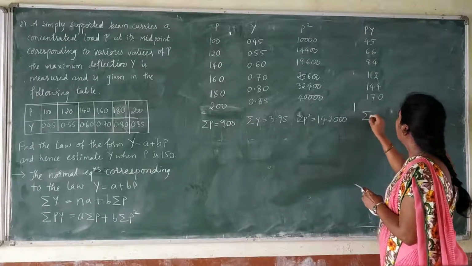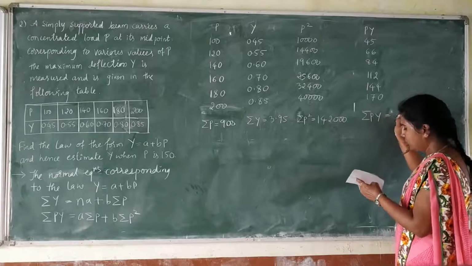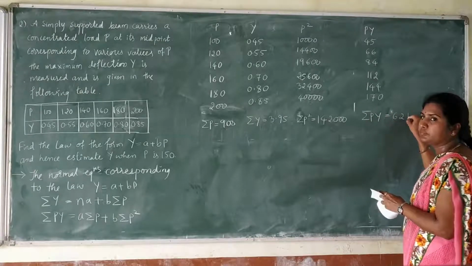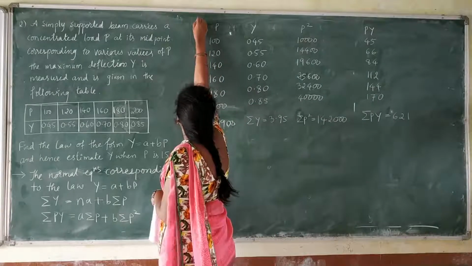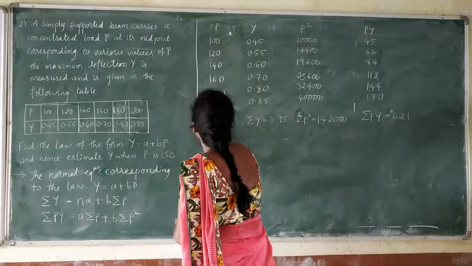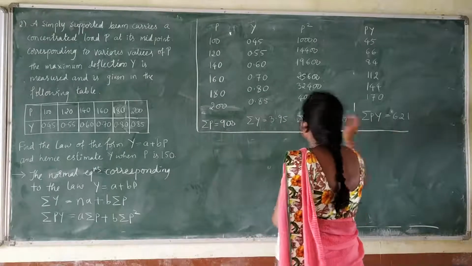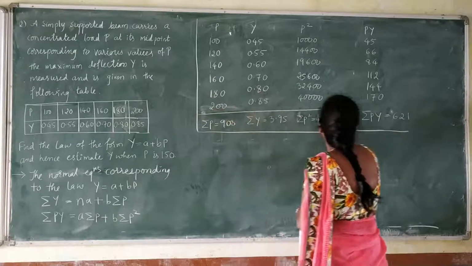Summation of PY is 621. These are our required values. We draw a table for this.